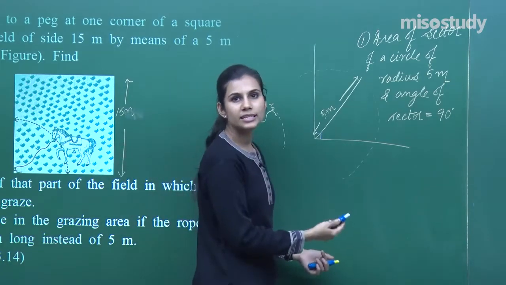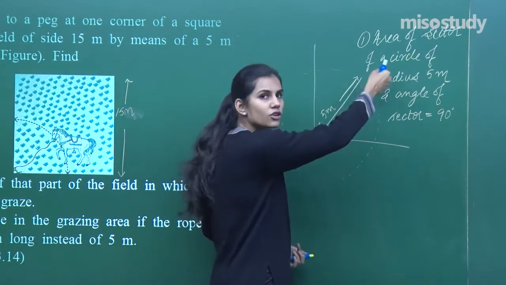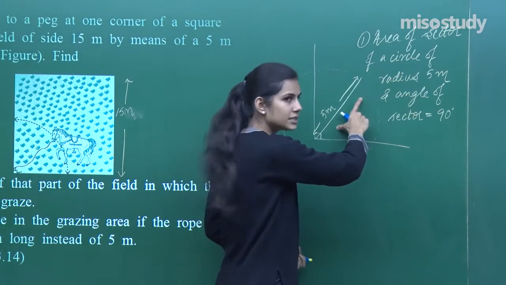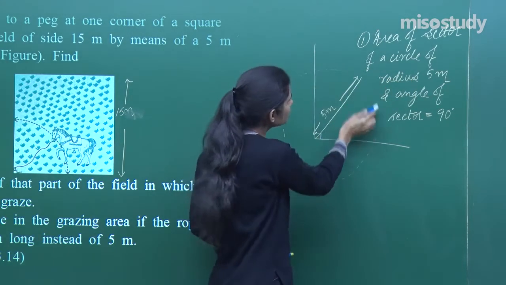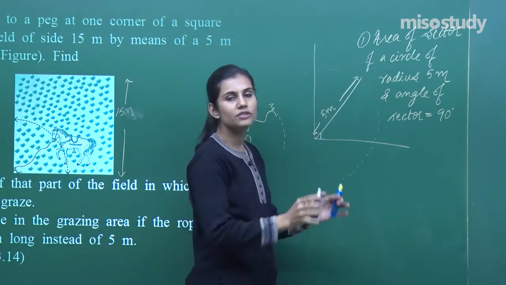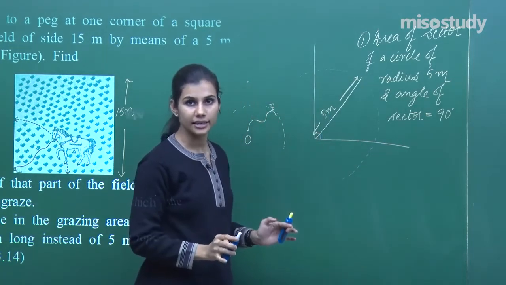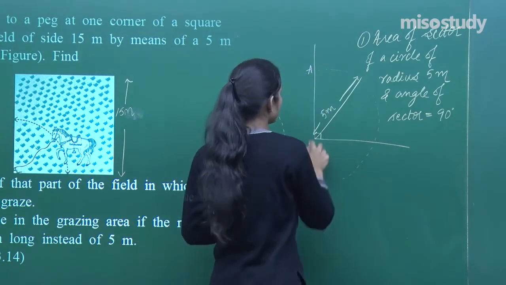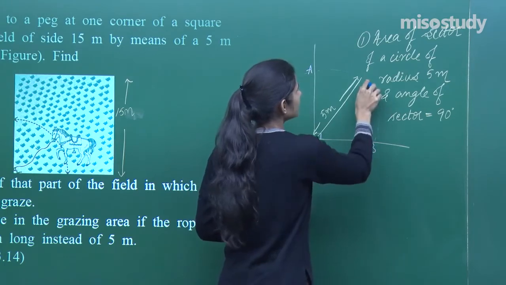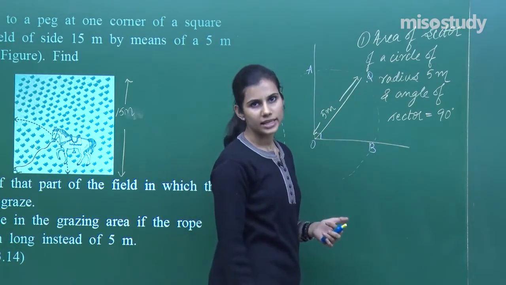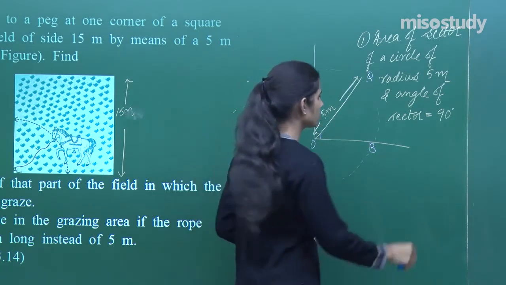He will be able to graze how much area when it is stretching the rope? When the horse is stretching the rope to its max, that is your 5 meters, then it is going to be able to graze the max area, right? That is the area which it can actually graze in. So it is nothing but a quadrant. So if I say this is A, this is O, this is B, and say some point here is Q, then AOBQ is the sector whose area is the answer of the first part.